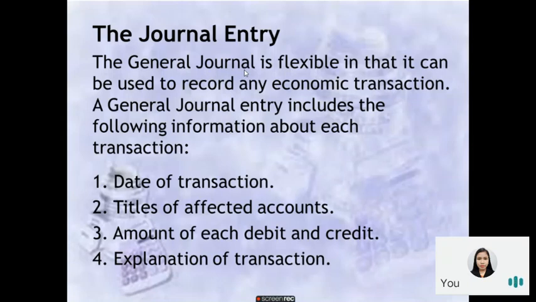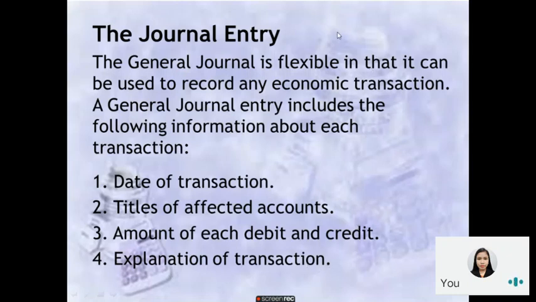This includes the date of the transaction, the titles of the affected accounts, meaning the debit and credit account titles, and the amount of each debit and credit. The amounts should be equal. The amount of your debit and the amount of your credit must be equal for each transaction. And then the explanation of the transaction.